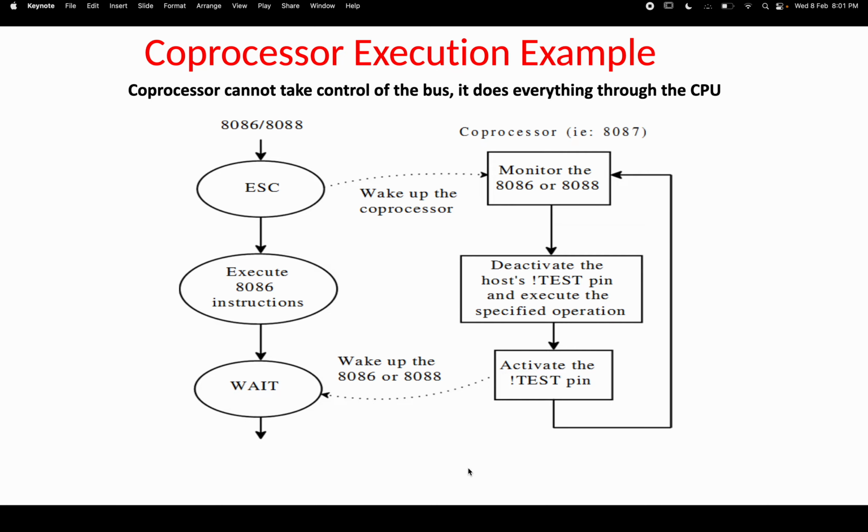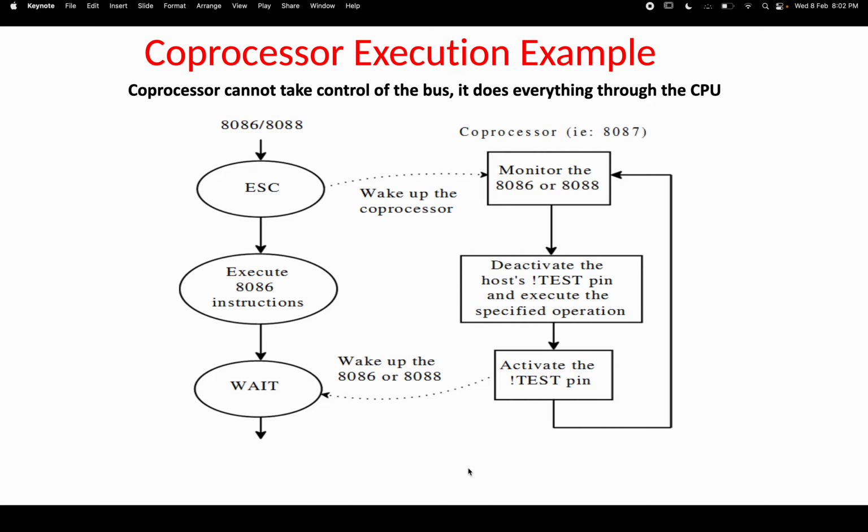If the coprocessor and 8086 are connected together, the coprocessor always waits for the escape instruction. Whenever the 8086 executes the escape instruction, that instruction wakes up the coprocessor, which deactivates the host test pin and executes the specified operation.